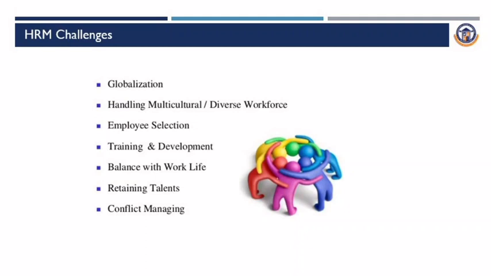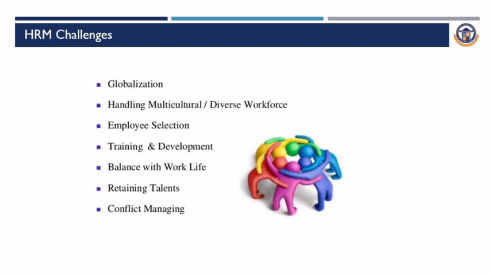Next is employee selection. The right people with the right qualification have to be selected for doing a particular job. If not, the work will not be done effectively. Next is training and development. Employees have to be trained and developed in the right way. When a skill gap occurs or when a change is required, employees have to be provided with adequate training and development opportunities.